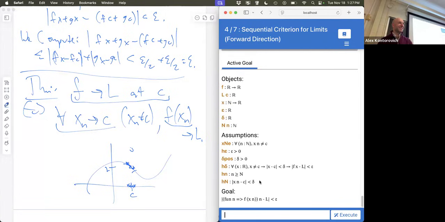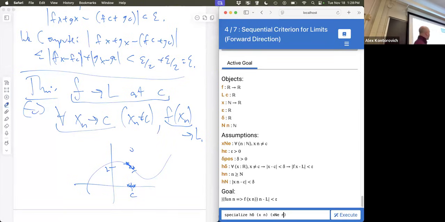Other than Sean? John? H delta to x_n. So I have to give it an x_n. Then I have to prove that x_n is not equal to c. Yep, that's xne with what value of n?